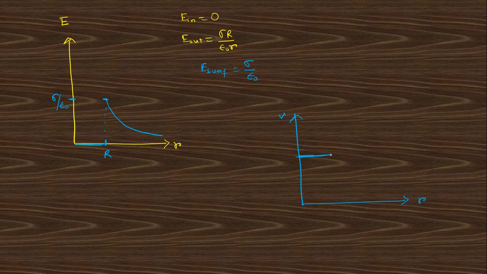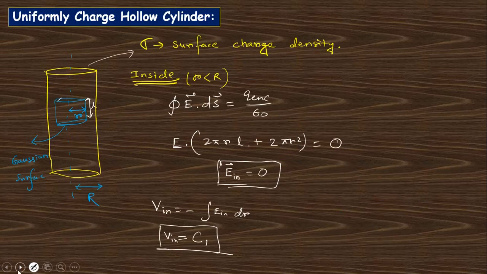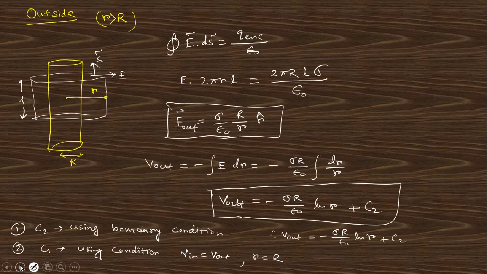Up to R this will be constant, and it falls with negative ln, so it falls like that. This is the potential. This is C1 up to capital R. Clear? I think clear. This was the hollow cylinder. For the hollow cylinder we can find the electric field and potential.